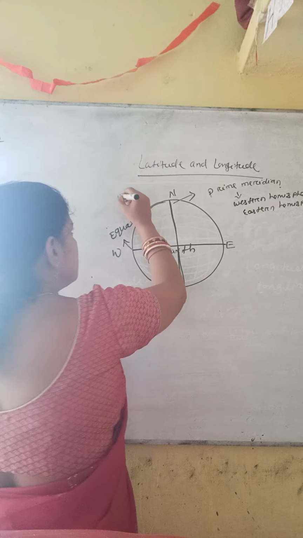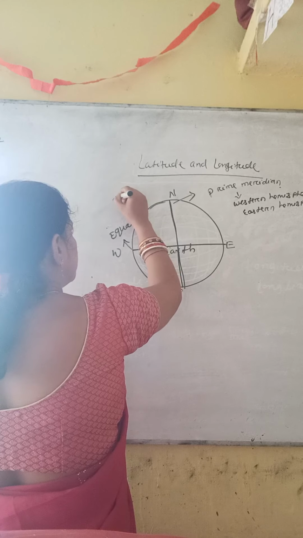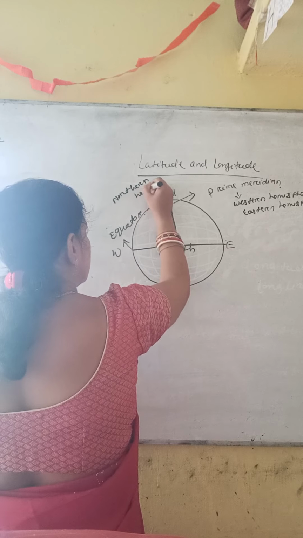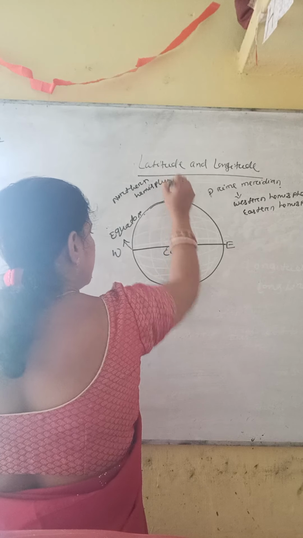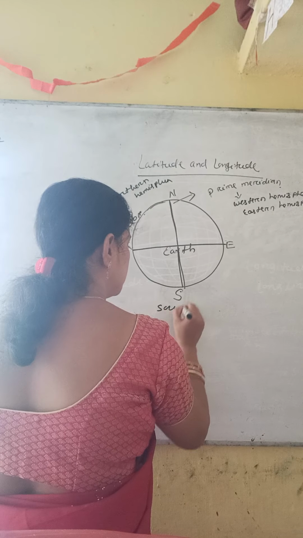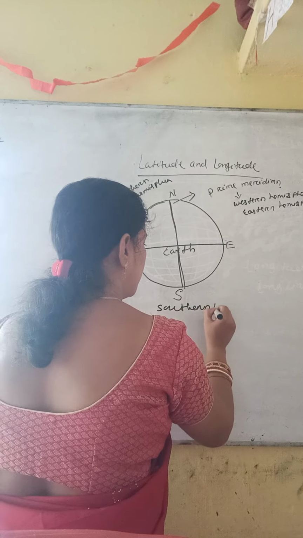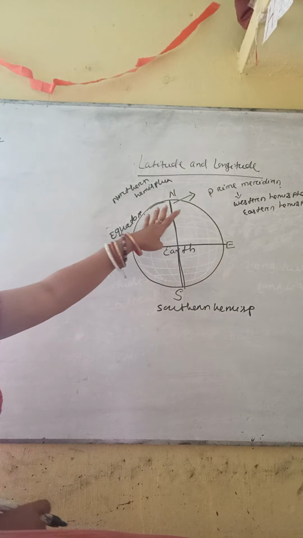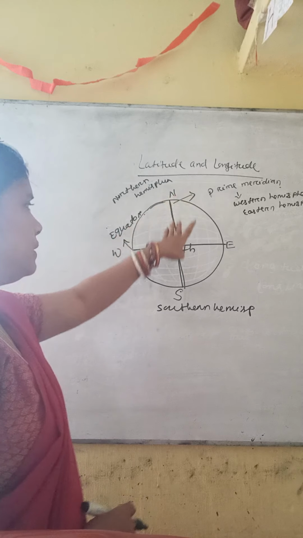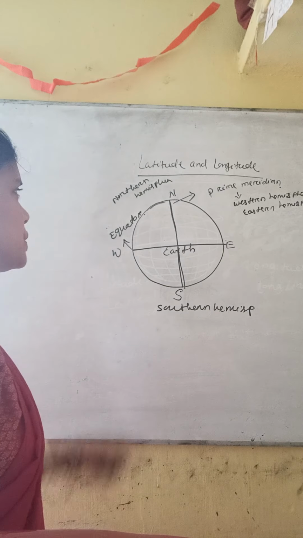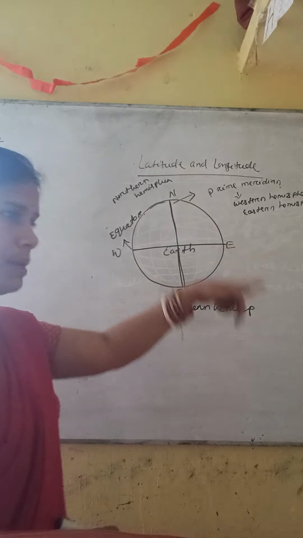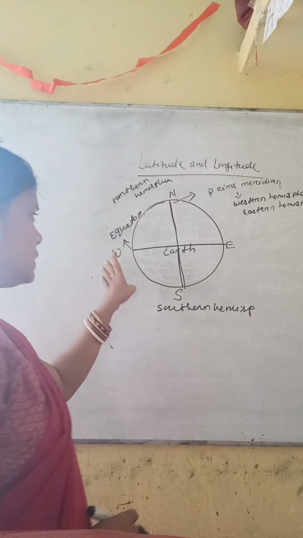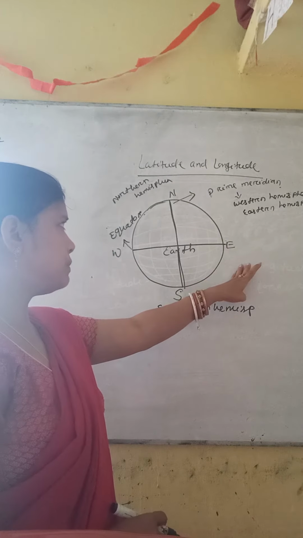And the other line that stretches from west to east, the equator, divides the earth into two equal halves: the northern hemisphere and the southern hemisphere. Are you clear about it? The vertical line that stretches from north to south is called the prime meridian, and it divides the earth into the western and eastern hemispheres.